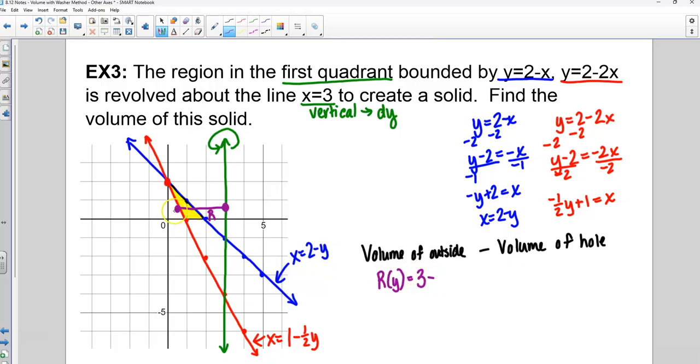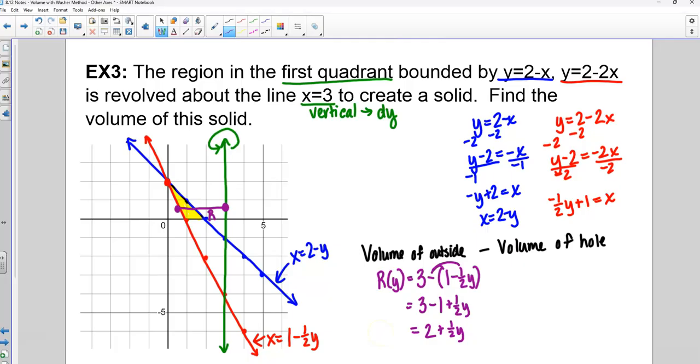And then on the left side, I've got the red graph, which is 1 minus 1/2 y. Now, for simplicity's sake here, I would go ahead and distribute that negative: 3 minus 1 plus 1/2 y, and make that 2 plus 1/2 y.